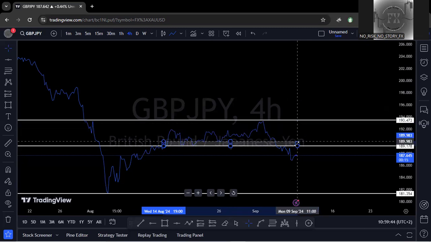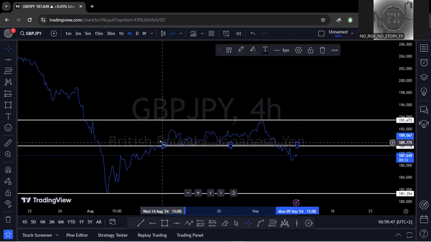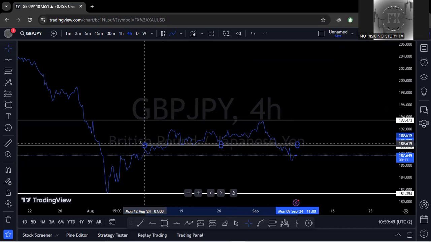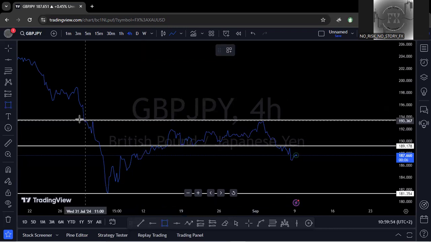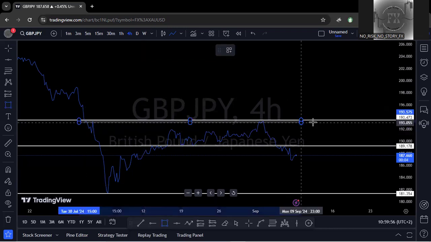I'd like to highlight this zone here where the market broke and retested. And I would like to highlight this zone here, the highest one.